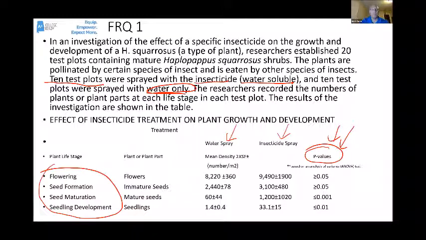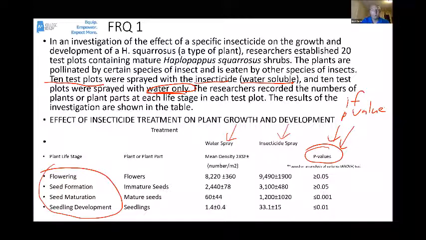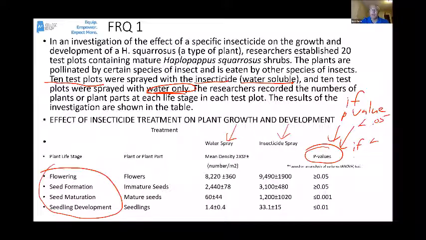If the p-value that you determine from the table is less than 0.05, that means you're going to reject the null hypothesis. If the p-value is greater than 0.05, you're going to fail to reject.